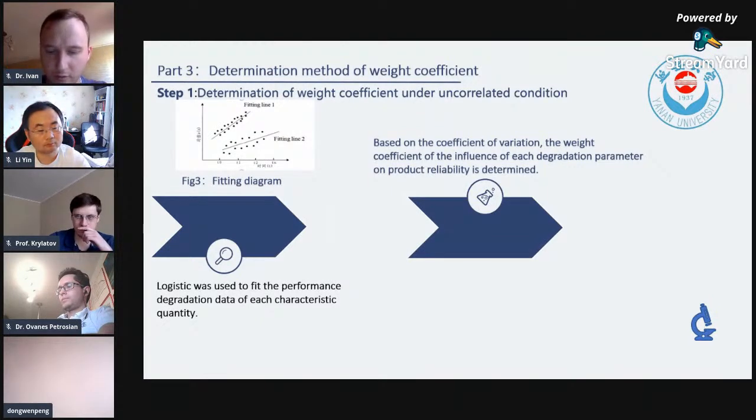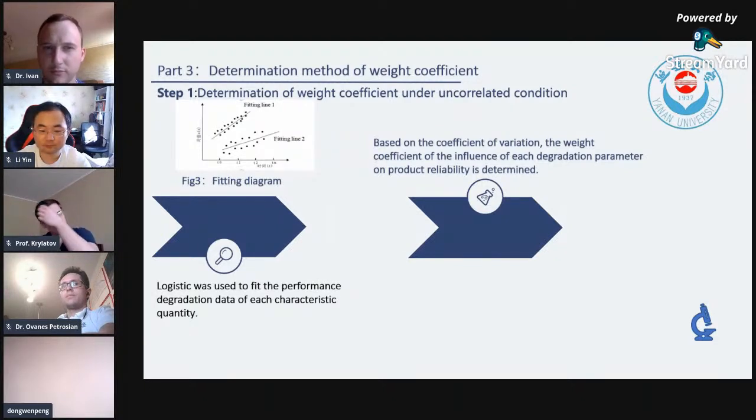Although the slope value can be directly used as a measure, there is no significant difference between the units of measurement, so the correlation coefficient is selected to determine the weight coefficient of the importance of each degradation parameter to product reliability.